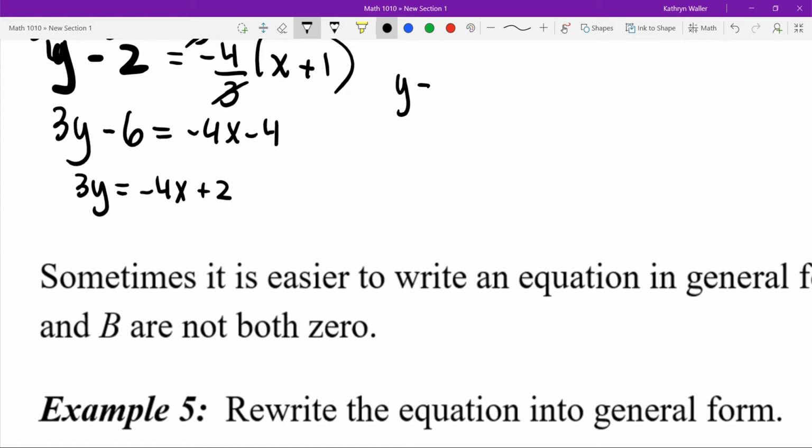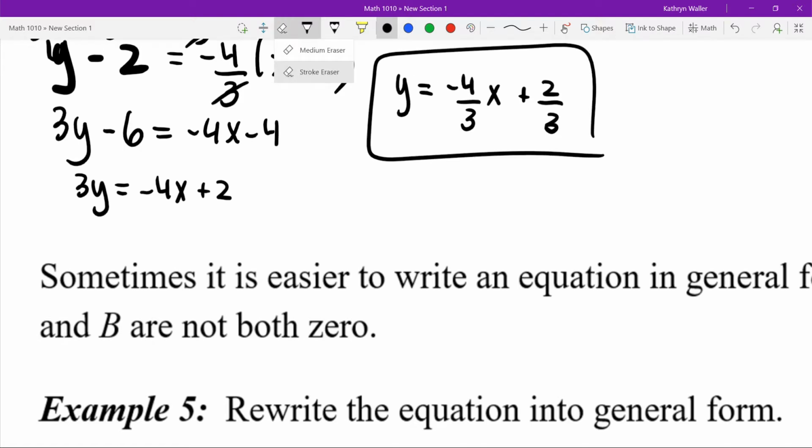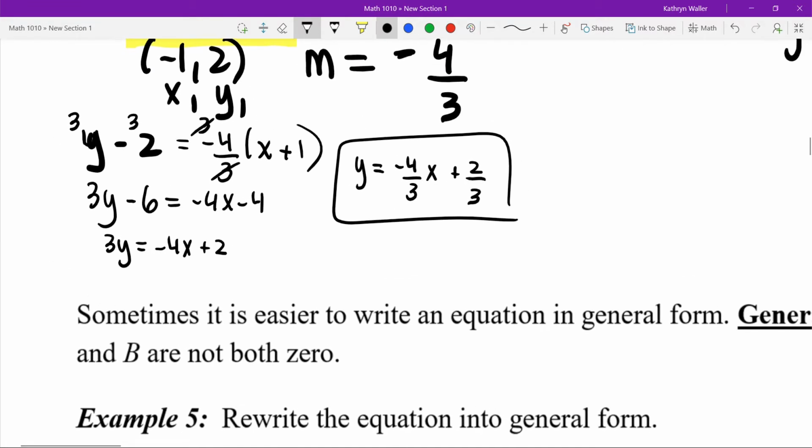Last step is to divide by 3, so I get -4/3 x plus 2/3, and I'm telling you guys, it is at least 10 times easier to knock out those fractions. Had we not multiplied by 3 right here, it would have been so much tougher, because then you're adding fractions, getting common denominators, all that stuff that takes forever.